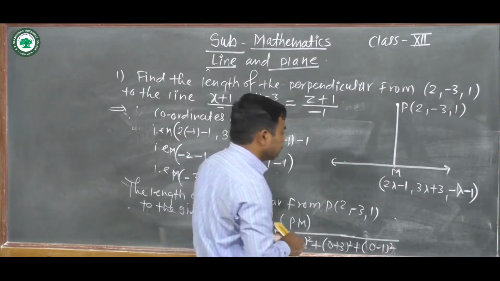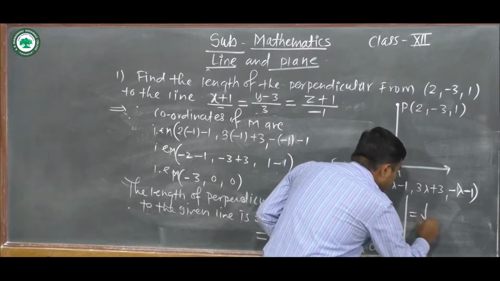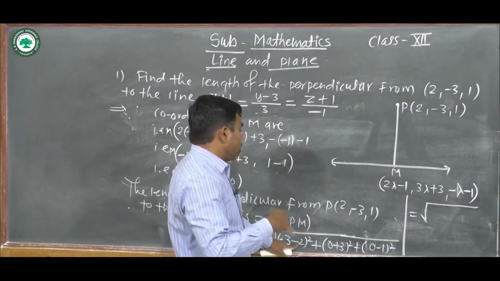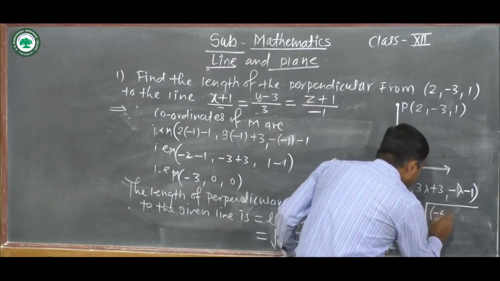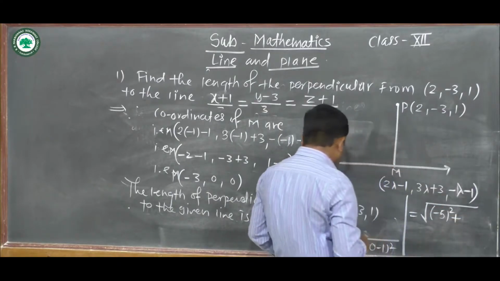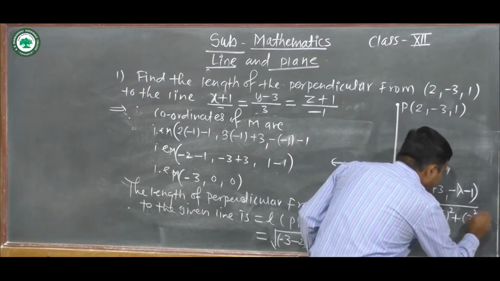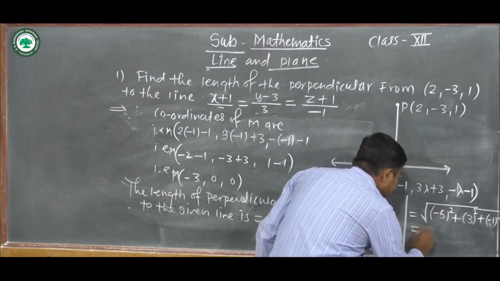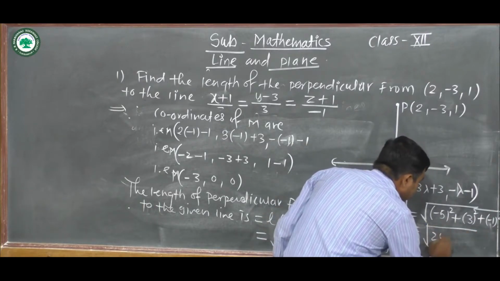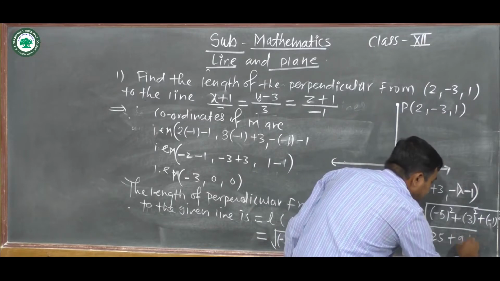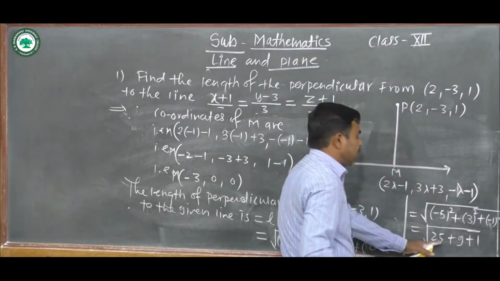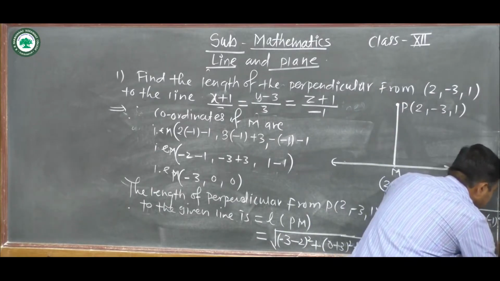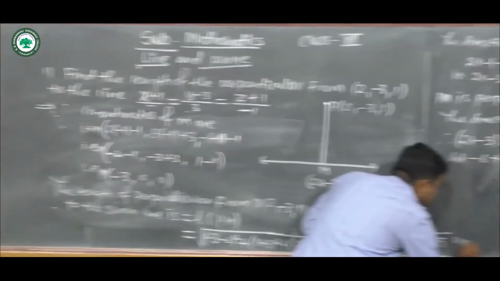That is equal to square root of minus 3 minus 2, minus 5 whole square, plus 0 plus 3, that is 3 square, plus 0 minus 1, that is minus 1 square. So again it is equal to square root of minus 5 square 25 plus 3 square 9 plus minus 1 square 1, and that is 25 plus 9 is 34, and 34 plus 1 becomes 35. So it is square root of 35 units.